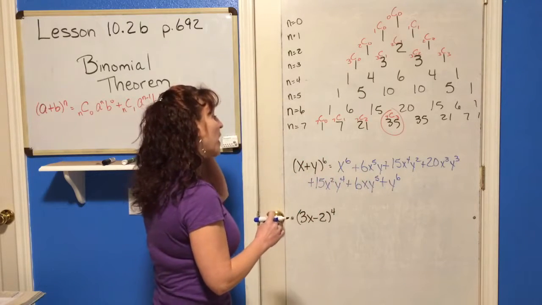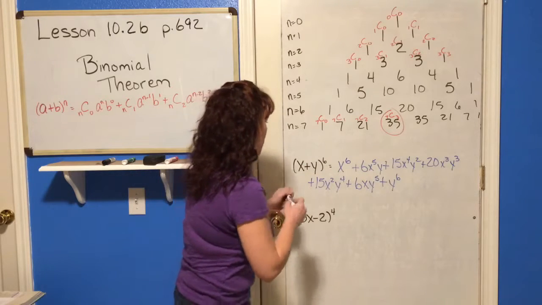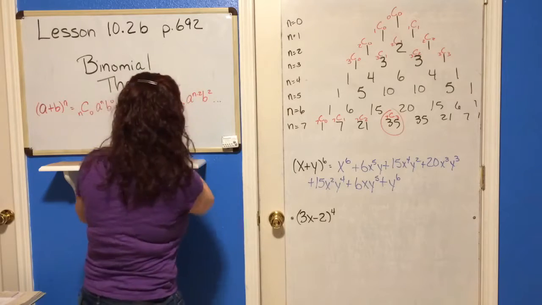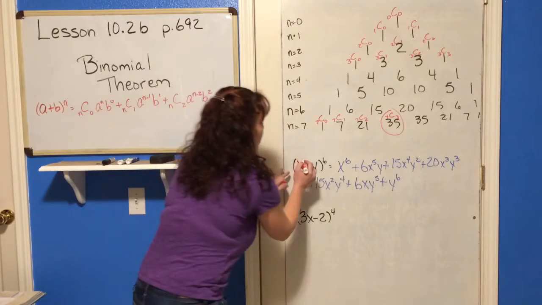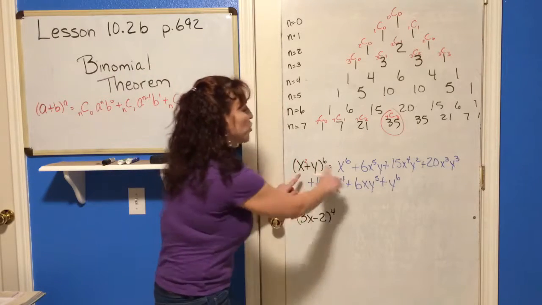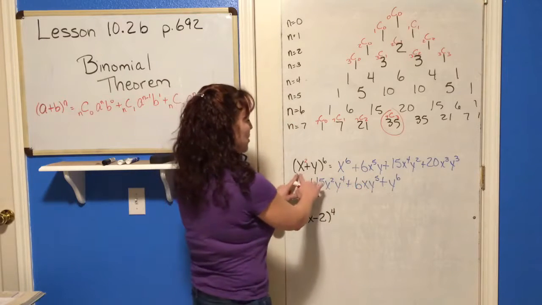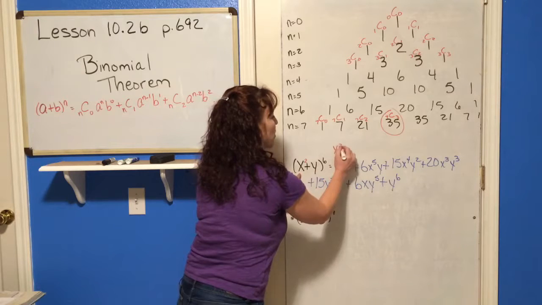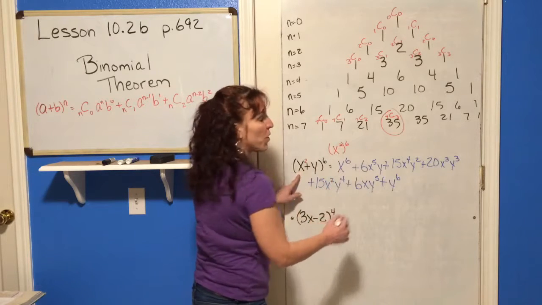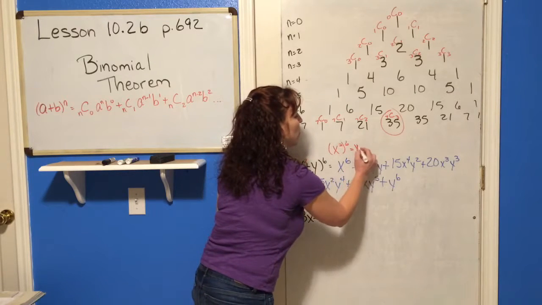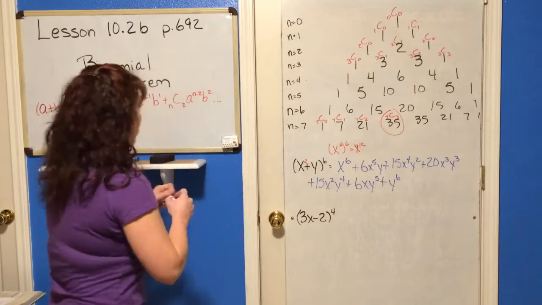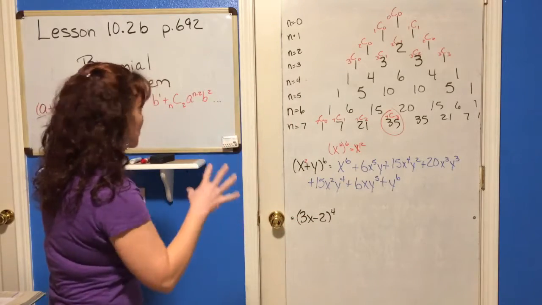So let's just say you had x squared here. Then your first term would be x squared to the 6th power, which would be x to the 12th. Okay, that makes sense?